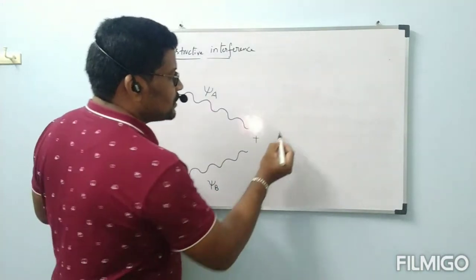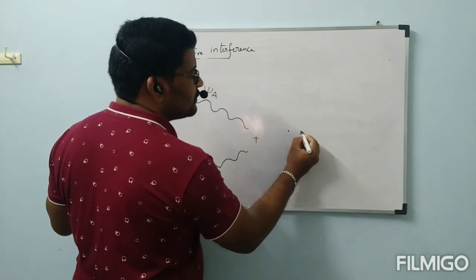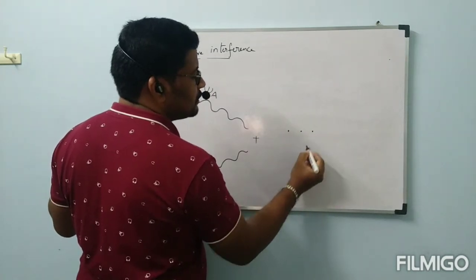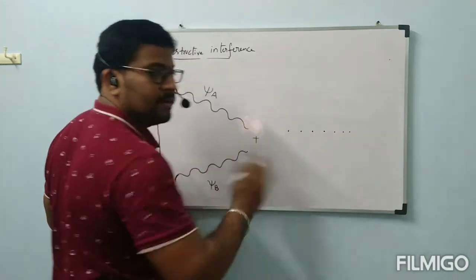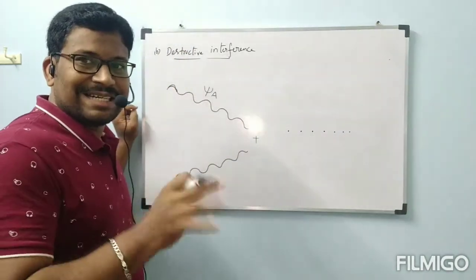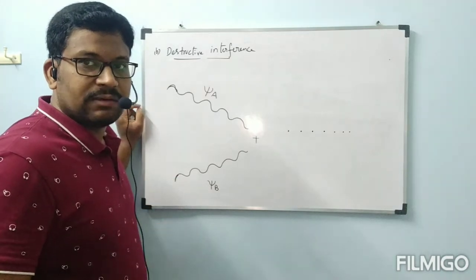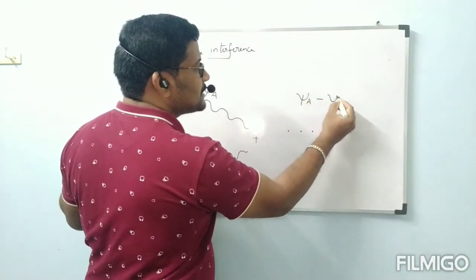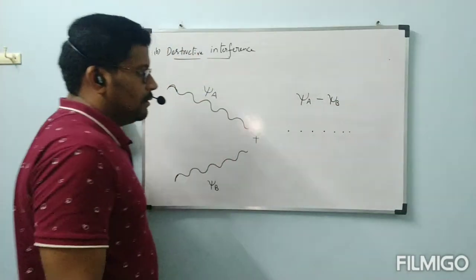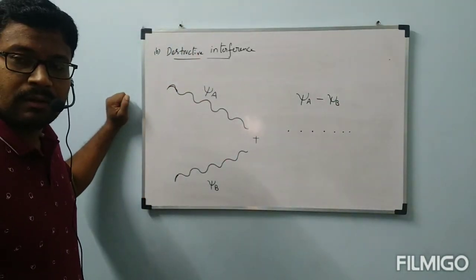So simply we will show it with one dot, again with another dot, next, like this, everything is going to be cancelled. The wave will not be there, it is destroyed. The wave is getting destroyed, and this type of interference is called destructive interference. This is shown by psi A minus psi B. Are you clear?